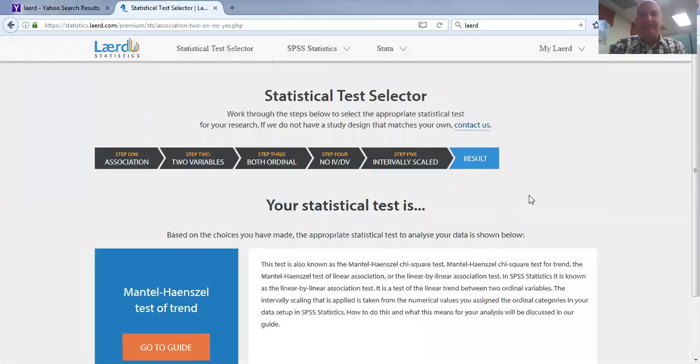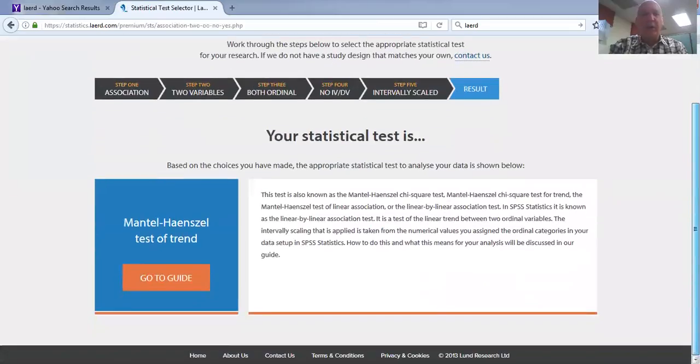Wow, okay. And this is where it says Mantel-Haenszel test of trend. That's a chi-square test. It's a specific kind of chi-square test. So if you go to the guide, and again, linear by linear association test, that's where you come up with categories, and there are two-way tables that will show the difference between your expected observation and what you actually got.